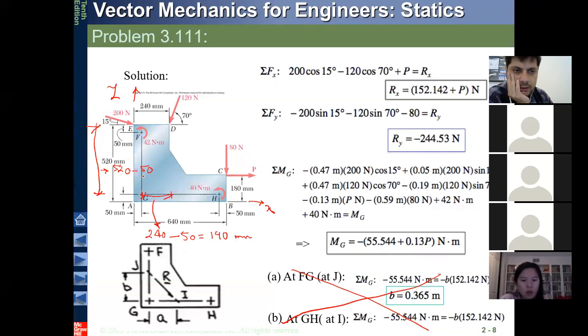For the y direction, from E to G, the y would be this, right? So it is 50 millimeter.